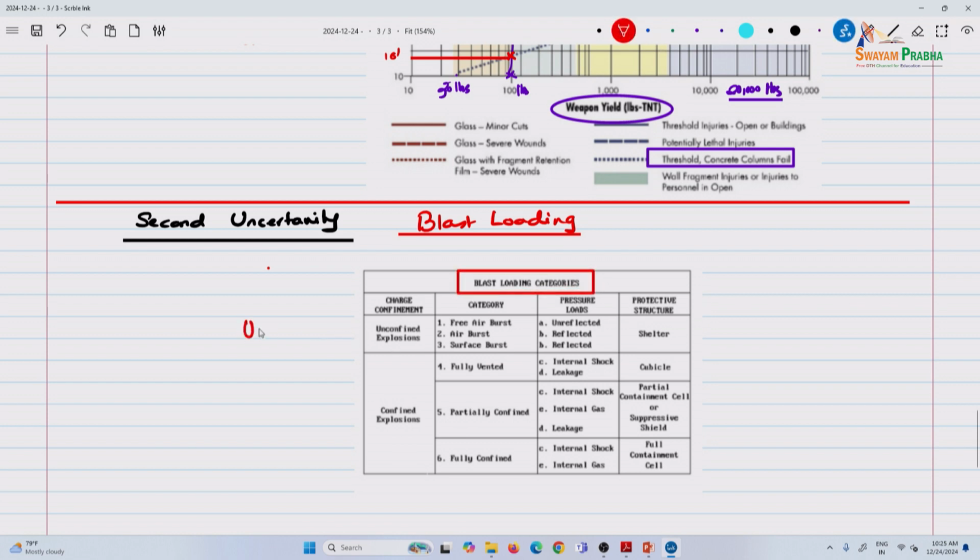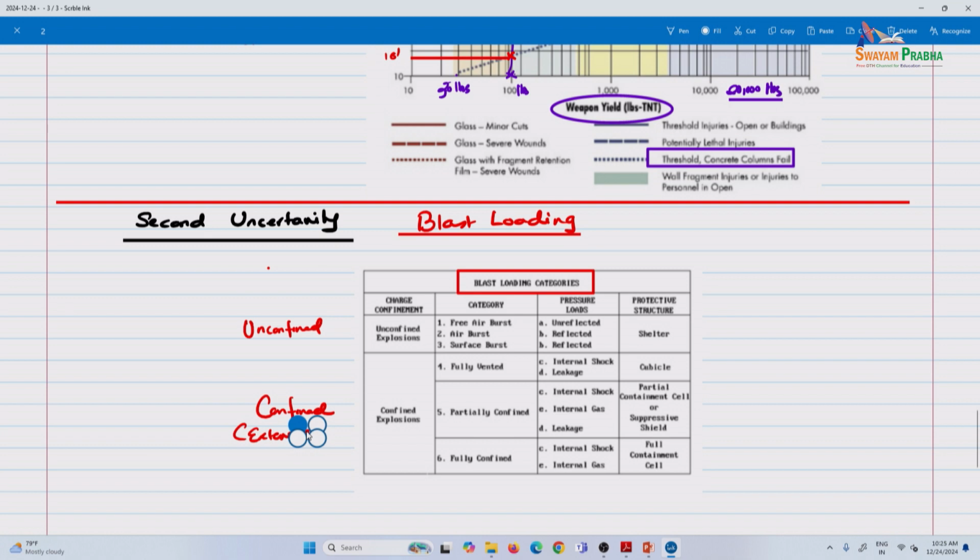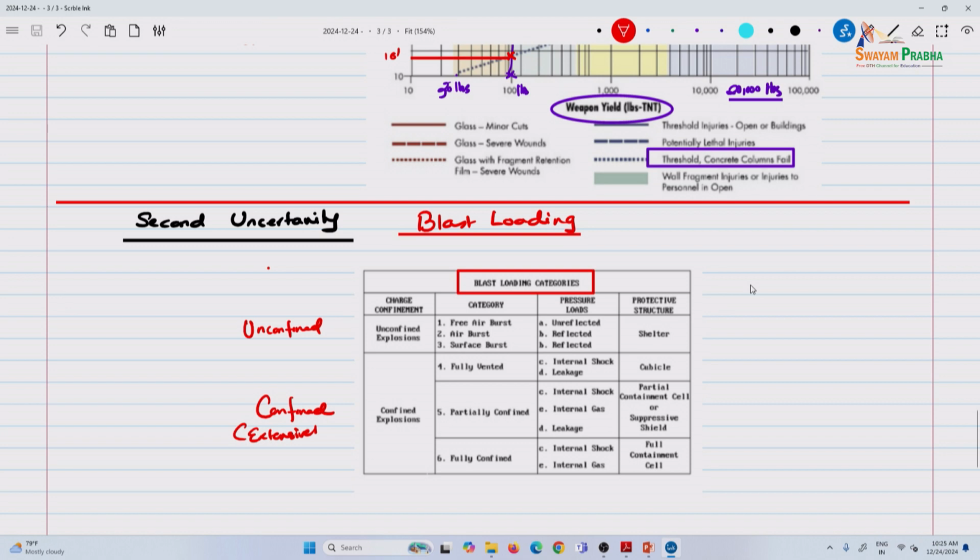One is unconfined explosion, and the next is confined explosion. This is really extensive. As I said, openings, and the UFC does a really good job on covering whatever you want along these lines. But in this course, we will look at free air burst, and then air burst and surface burst.